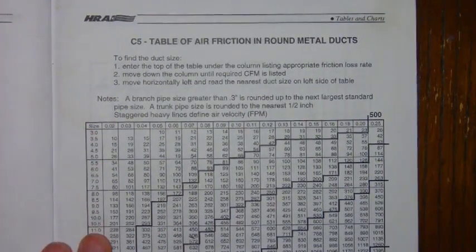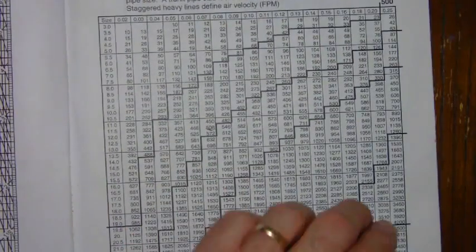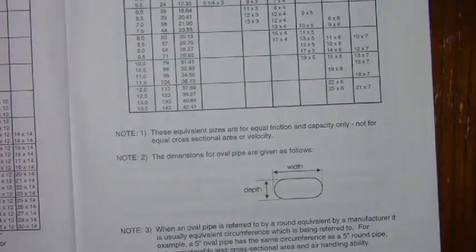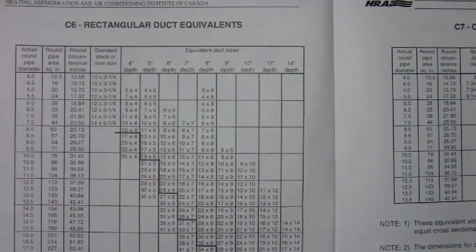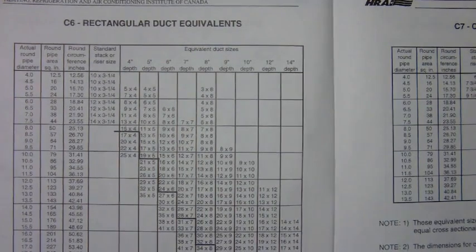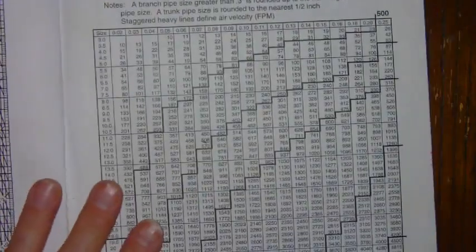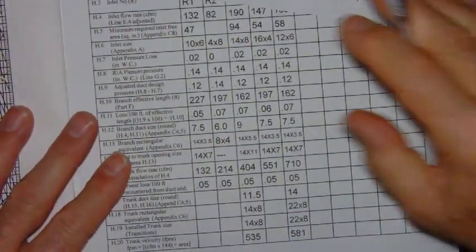Once you know what the round size is, we can then find the equivalent rectangular duct. Table C5 is all for round ductwork, and so that's why we need to know what the round size is.